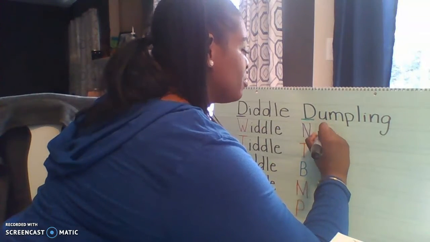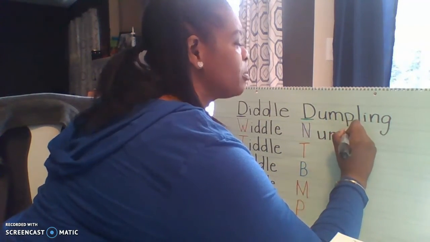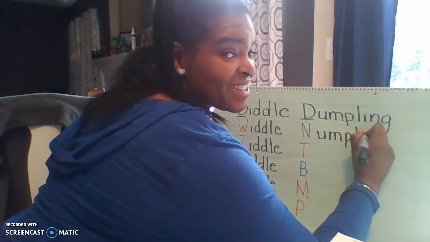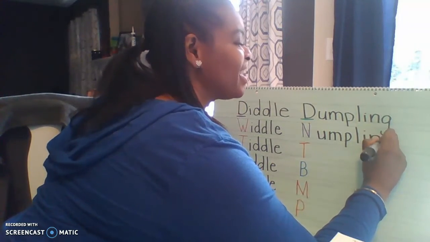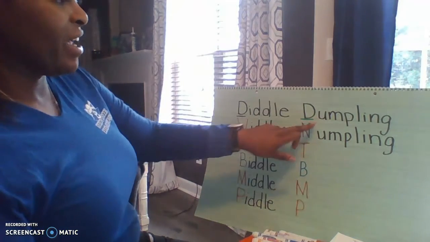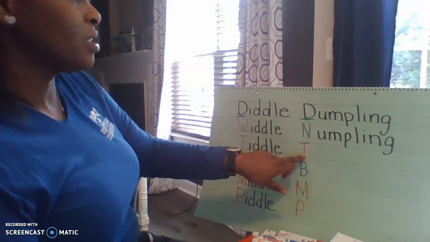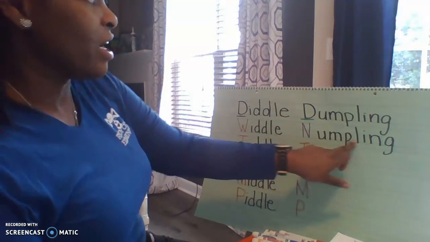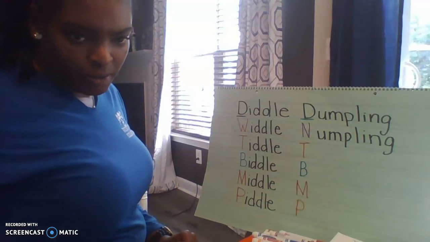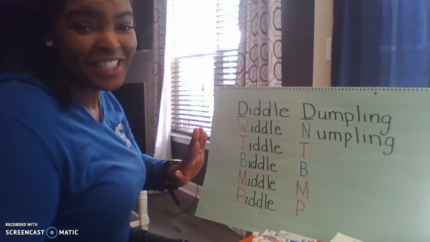So I need to make my what letter? U. Call them out for me. M, P, L, I, N, G. So if I have this T and I change it to T and add umpling, we were kind of interrupted, but we're going to finish from here.